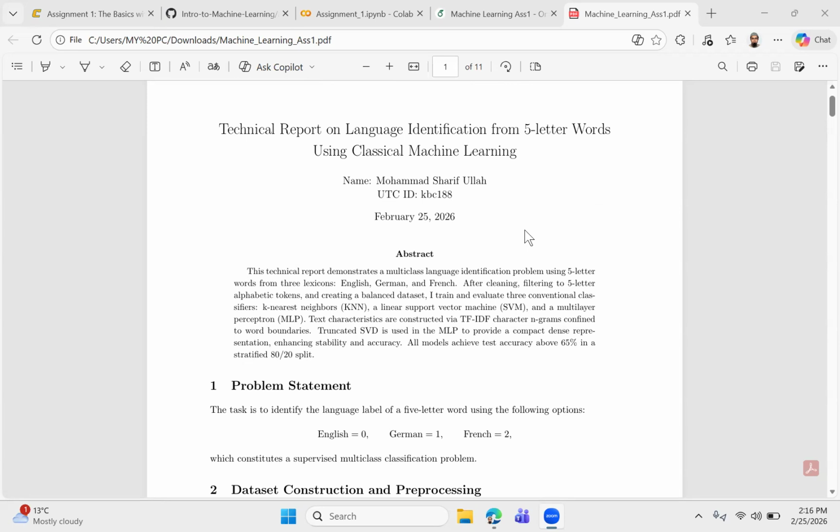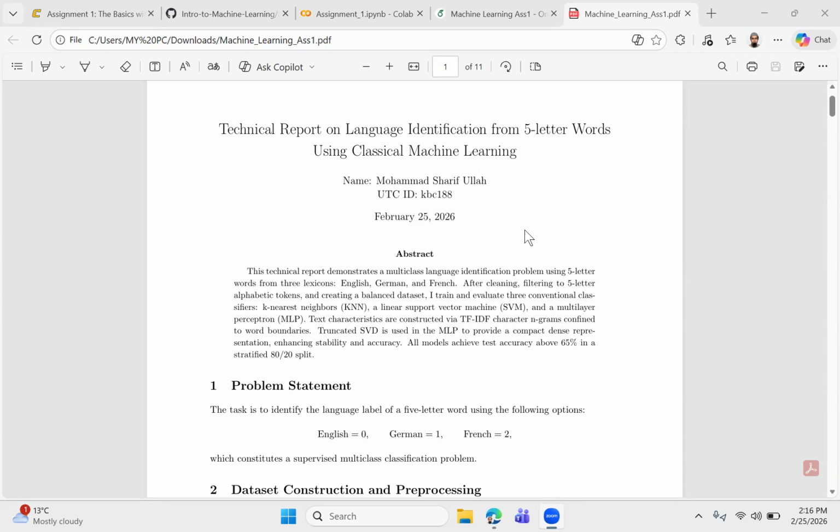Here we are given three types of words: English and German, and the other one is our choice. So for this technical report, it's a multi-class language identification problem using 5-letter words from the lexicons English, German, and French.